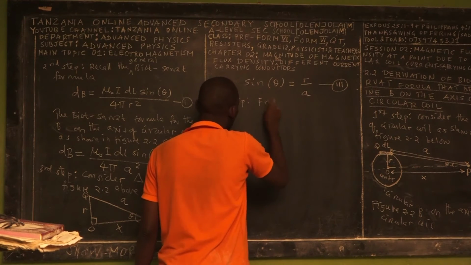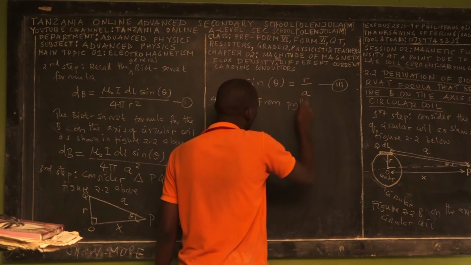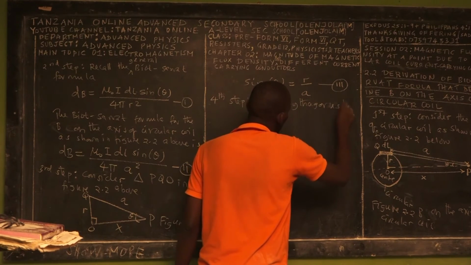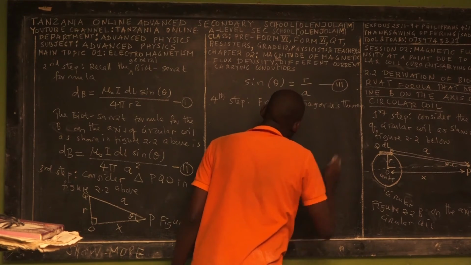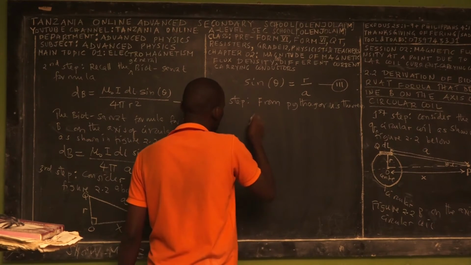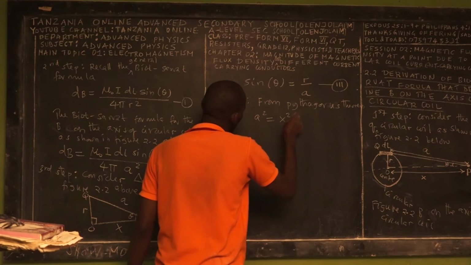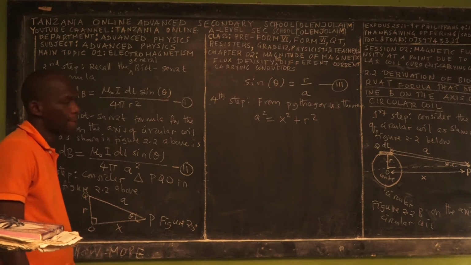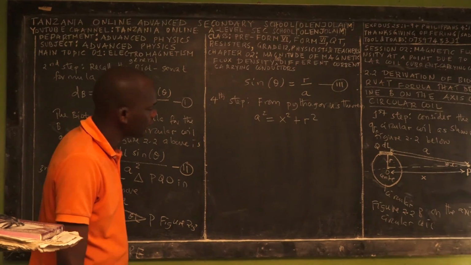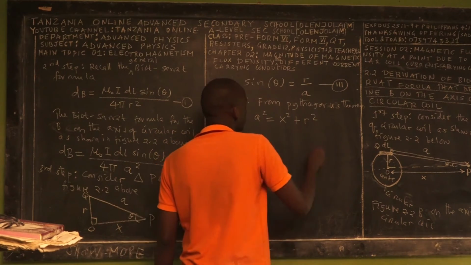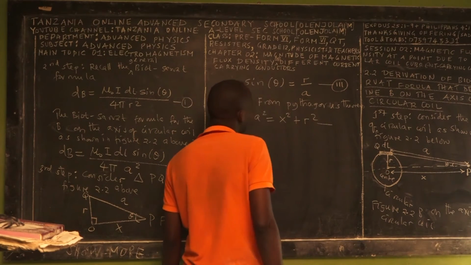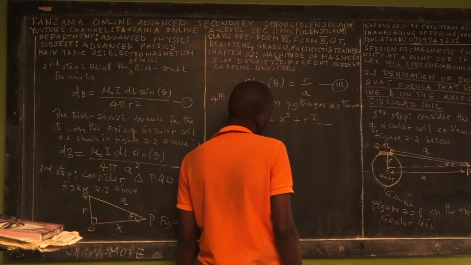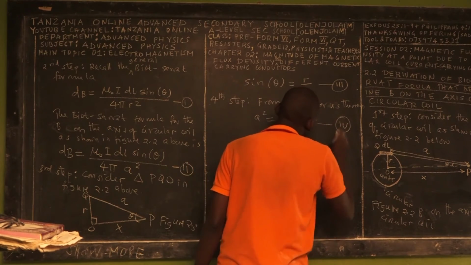From Pythagoras theorem, we have A square is equal to x square plus r square. So this is equation 4.